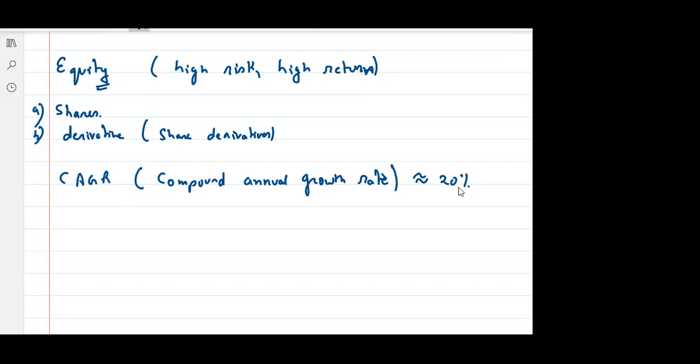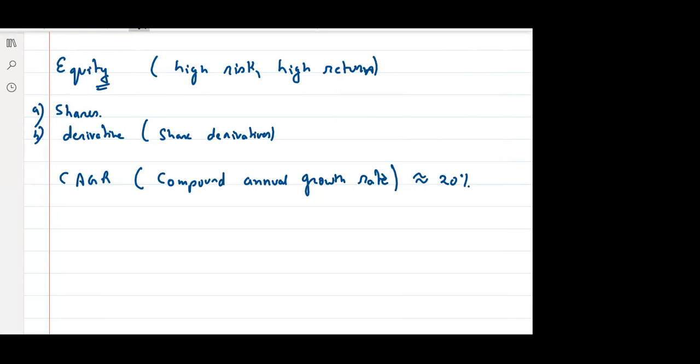Means, when you talk about JSW, you only see this year's growth, which is 270%. But for the last 3-4 years, it might not be making that much profit. It might be making loss. So if you take all the 5 years or 6 years or 10 years, and distribute whatever return you are getting throughout the years, then it is called compound annual growth rate.